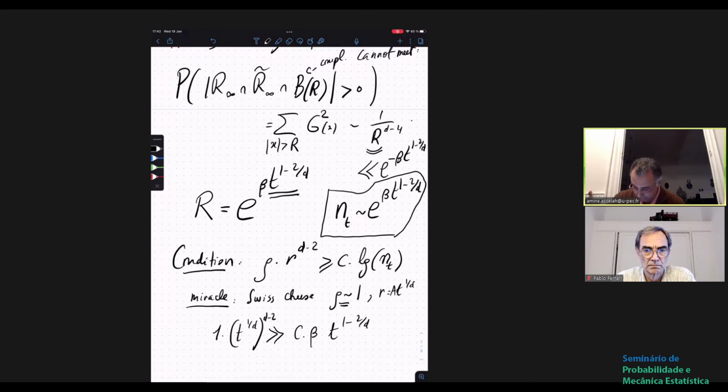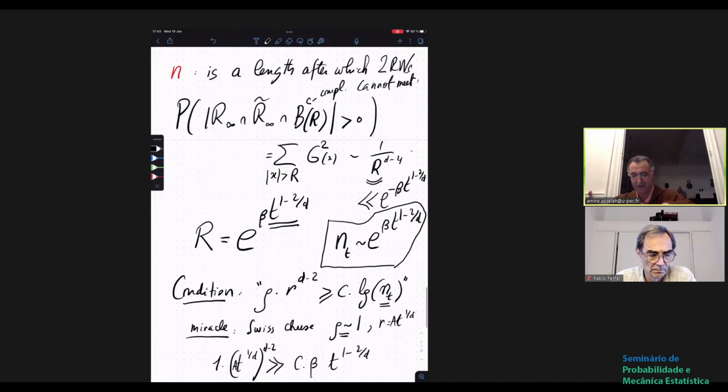Let me take a big constant here. So what is this miracle? It is that we are lucky enough that our condition is good enough to catch the Swiss cheese picture. Just because we took a huge volume, but its log is exactly the right thing so that we can bound the level set, or the high density occupation, of one random walk.